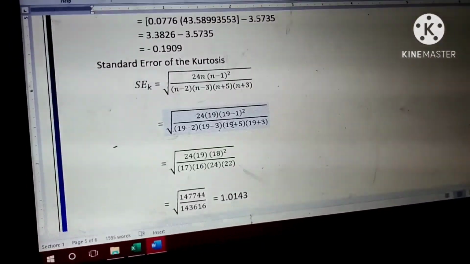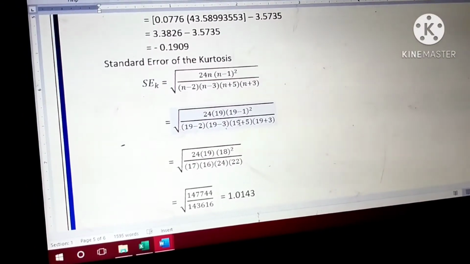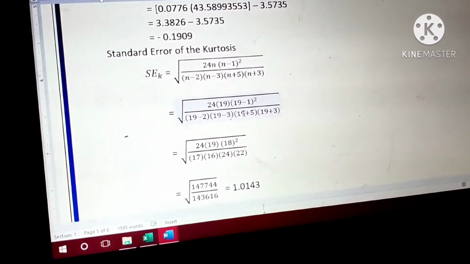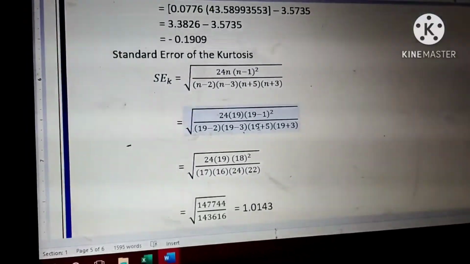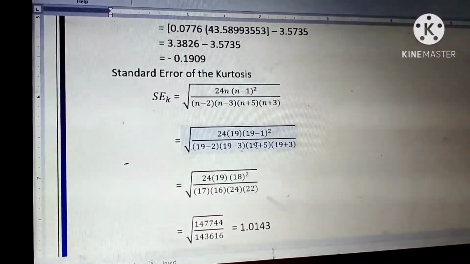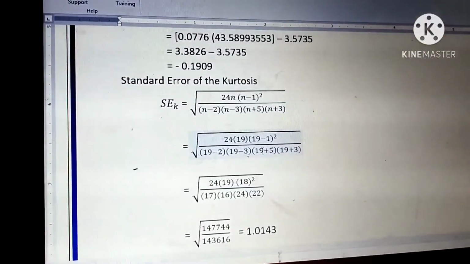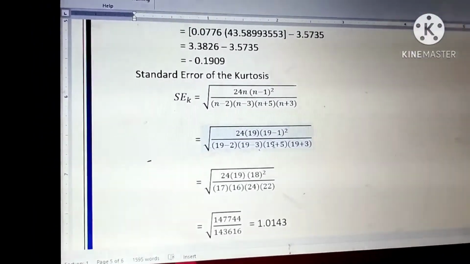Then just substitute the value and solve, and the result is 1.0143.